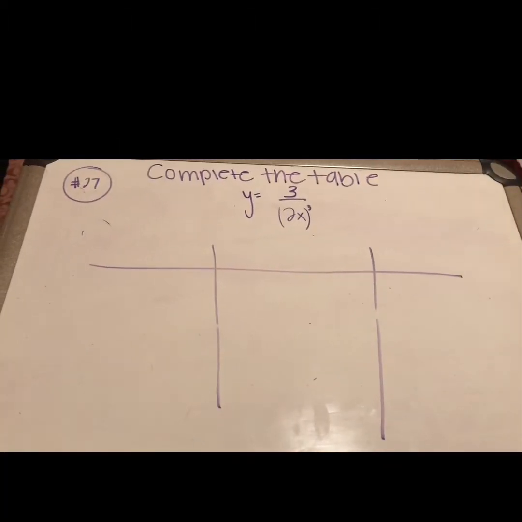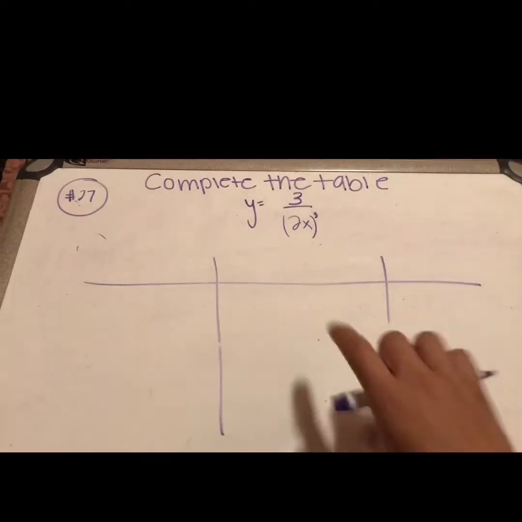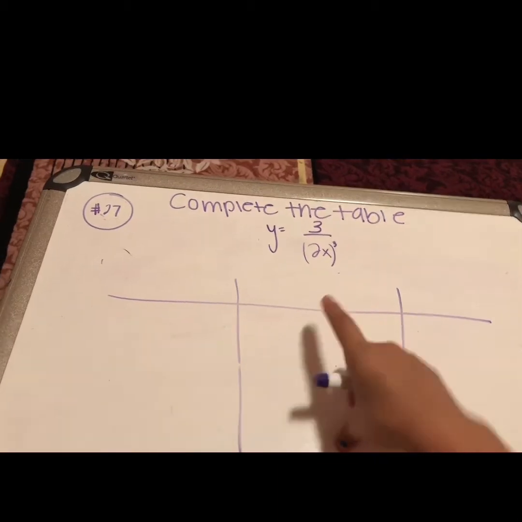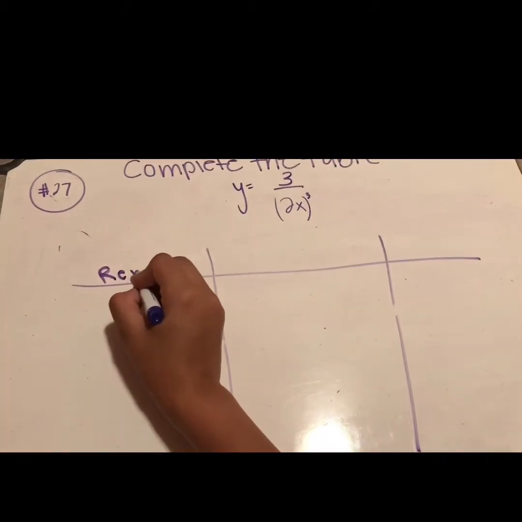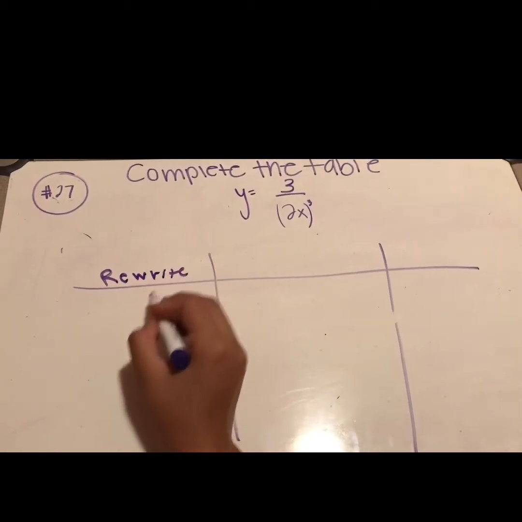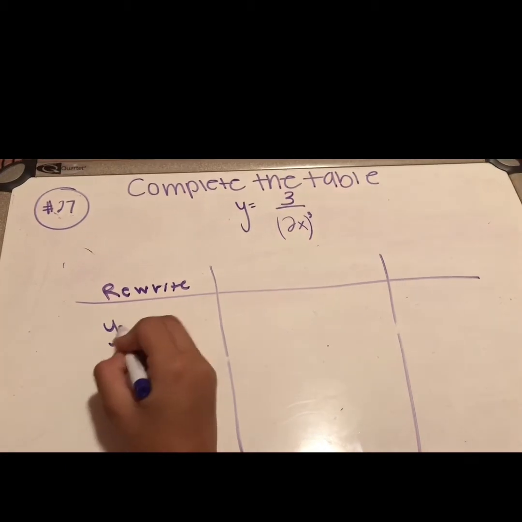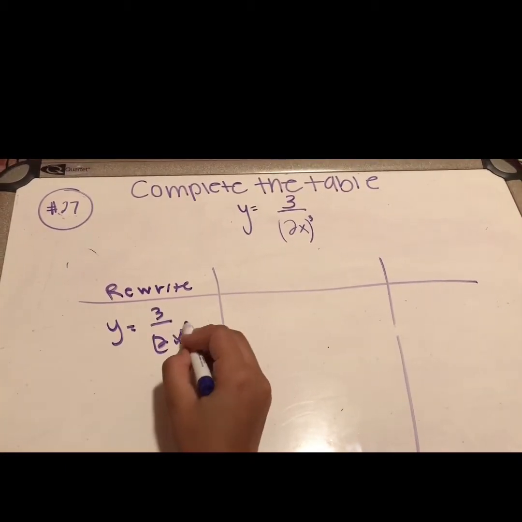Number 27 is another example of how we have to complete the table. And our problem is y equals 3 over 2x cubed. So the first thing we have to do is rewrite it. We can keep our original function, which is y equals 3 over 2x cubed.